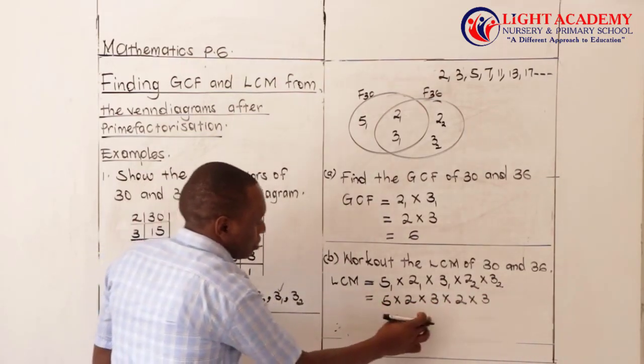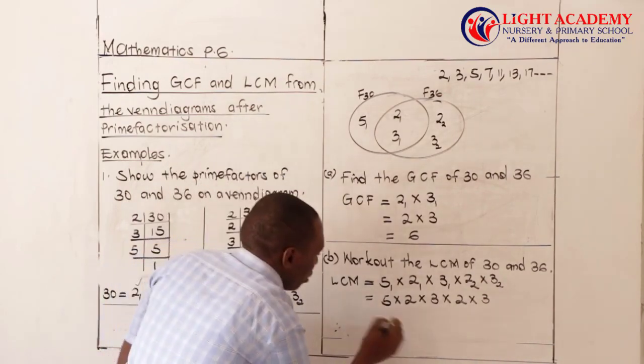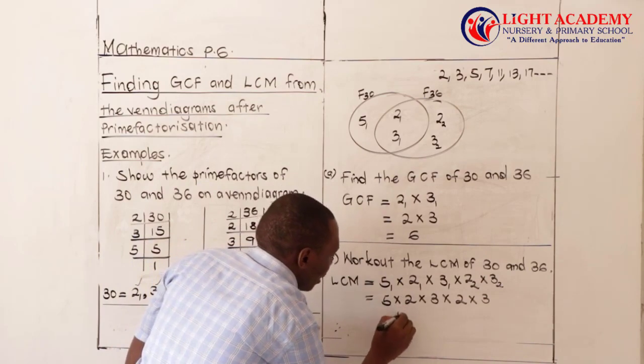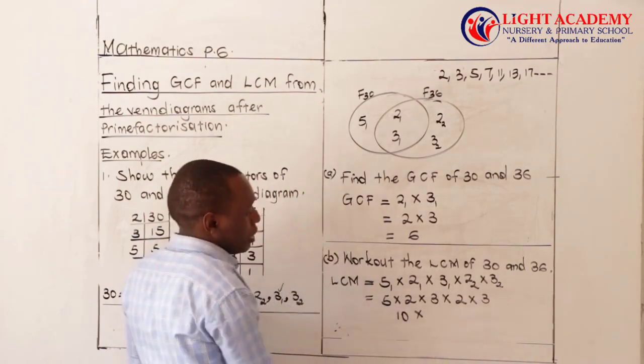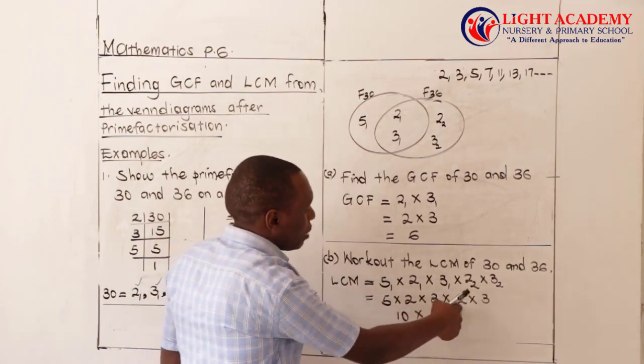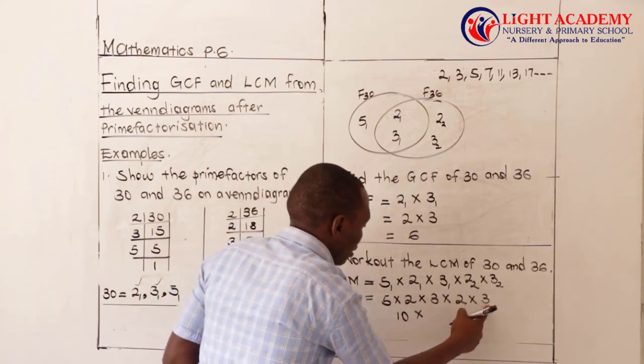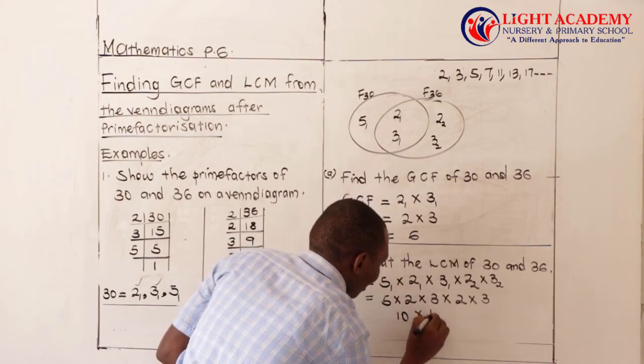You can pair these numbers for easy multiplication. We can say 5 multiplied by 2 is 10, multiplied by 3 multiplied by 2 is 6. Then that 6 multiplied by 3, we are getting that one as 18.